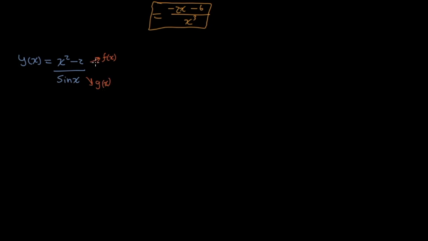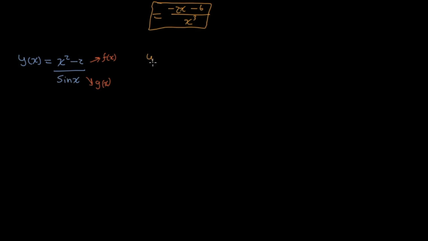So again, the process for evaluating the derivative will take the exact same format. It's going to be the derivative of the top times the bottom minus the derivative of the bottom times the top, divided by the bottom squared.